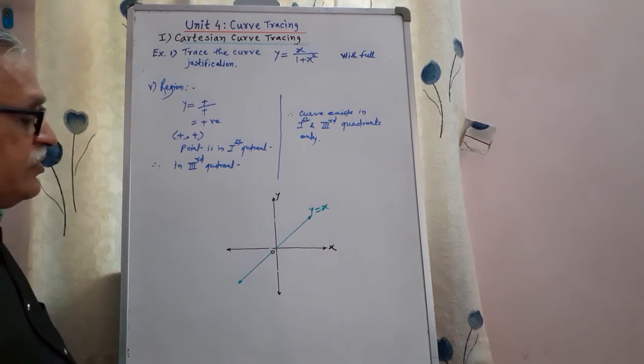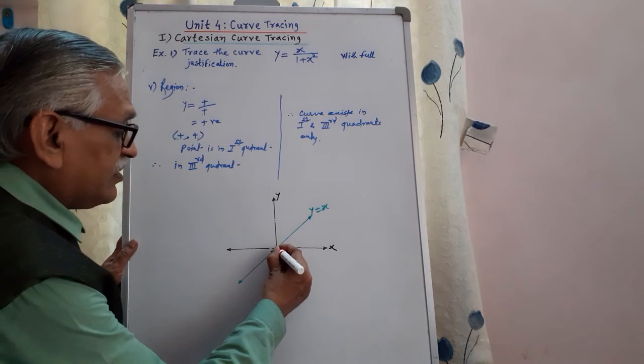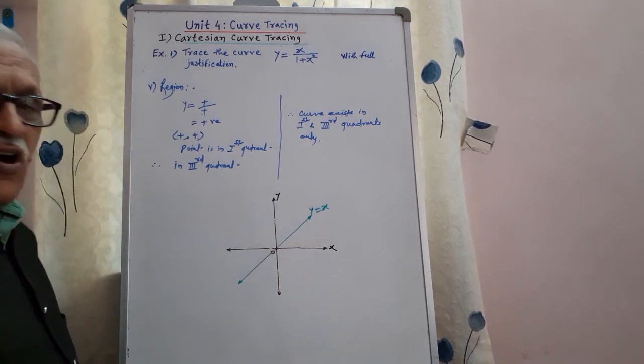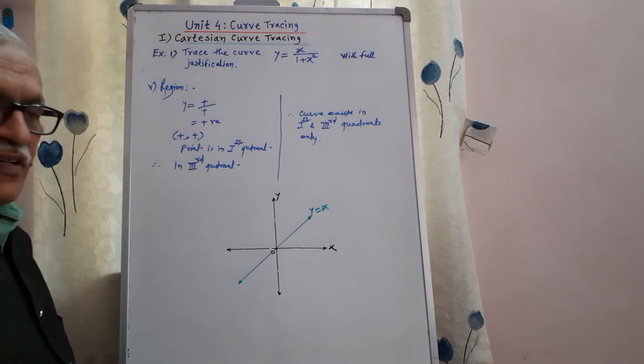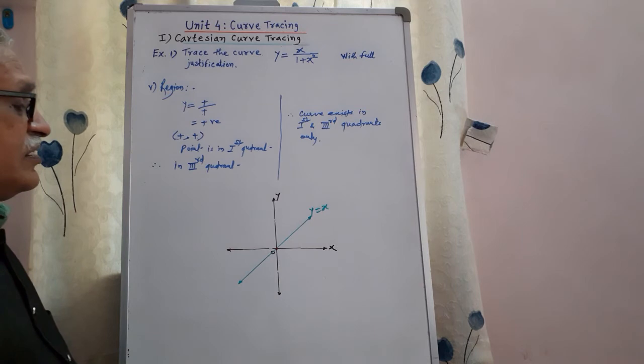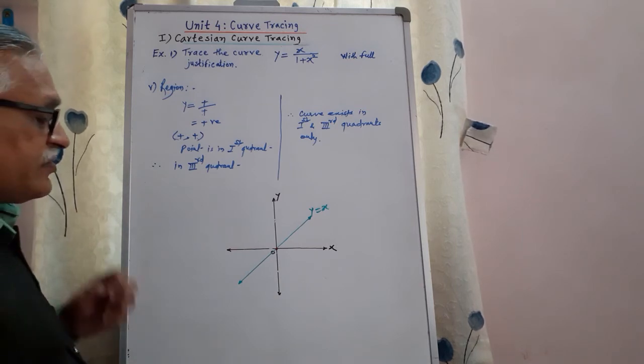Curve is passing through origin. Therefore, origin is the only point of intersection. Then asymptote is x-axis.